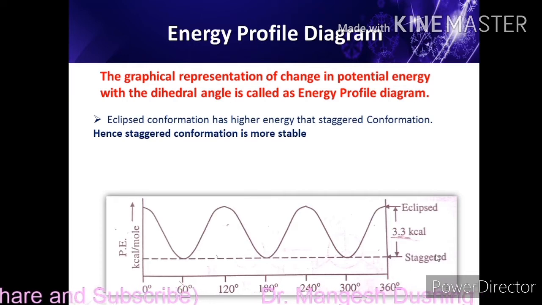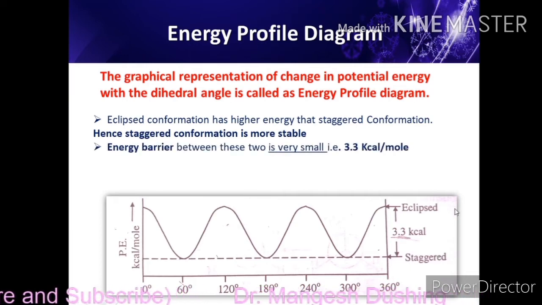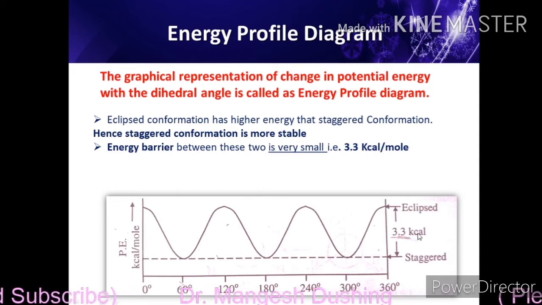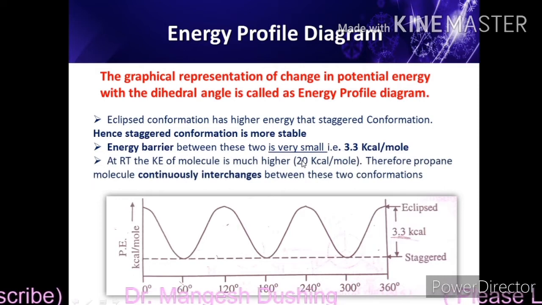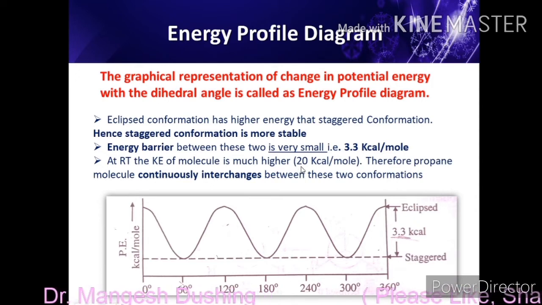has the lowest energy. But the energy barrier between this staggered conformation and eclipsed conformation is 3.3, which is very small. At room temperature, the kinetic energy of the molecule is much higher, that is around 20 kilocalorie per mole.